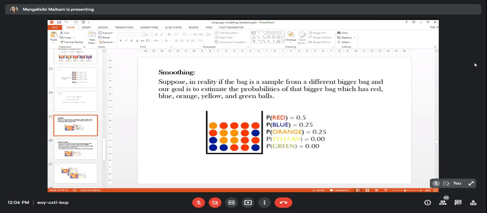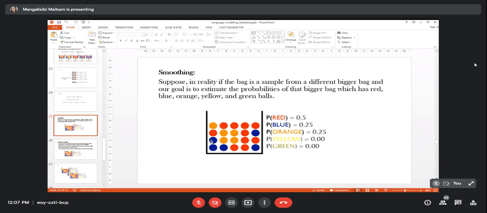Now, smoothing. Smoothing is one important topic in this, because when you consider a larger collection, we are going to follow a probability distribution. But suppose, you can see here in this collection we have only red, orange and blue balls.